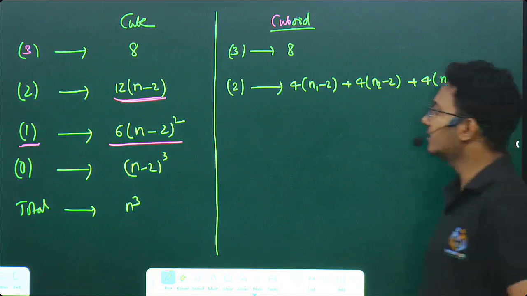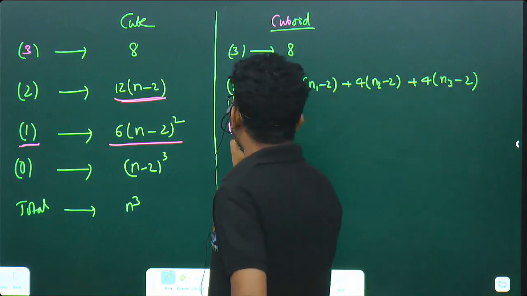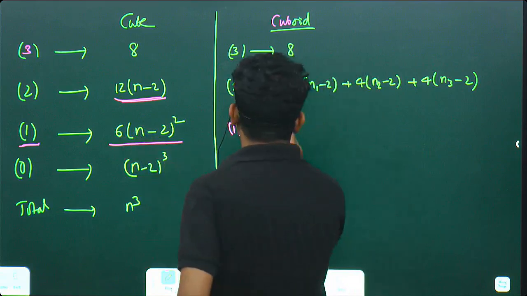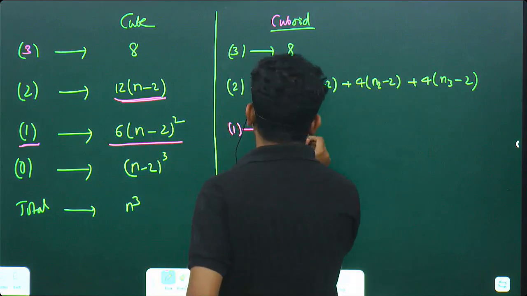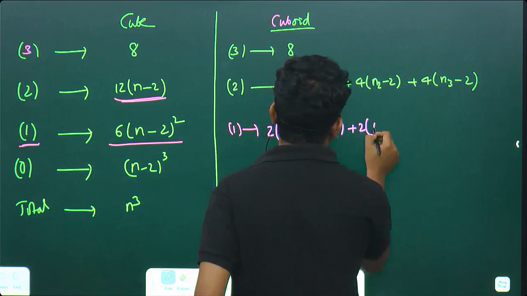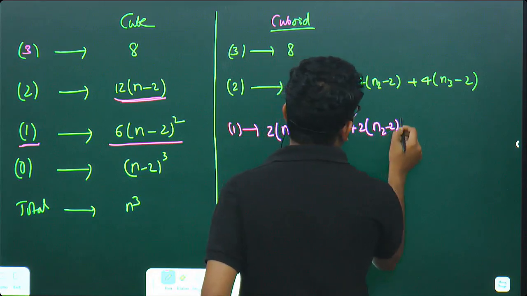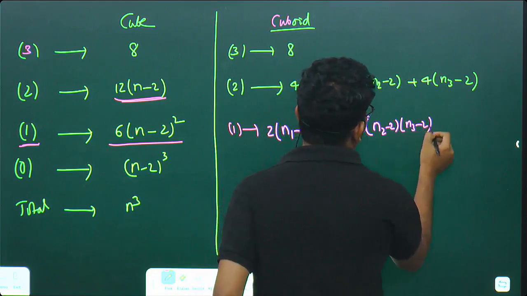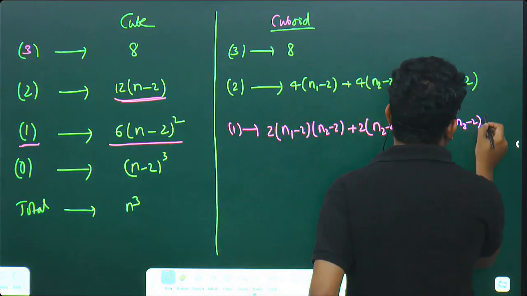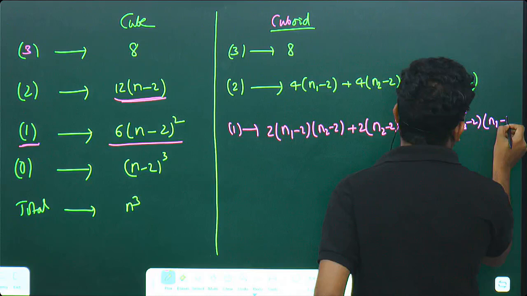So here, if I have to divide this, how can I write? 2 into (n1 minus 2)(n2 minus 2) plus 2 into (n2 minus 2)(n3 minus 2) plus 2 into (n3 minus 2)(n1 minus 2).